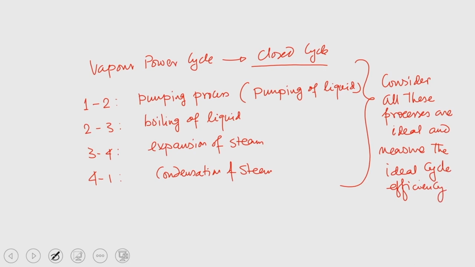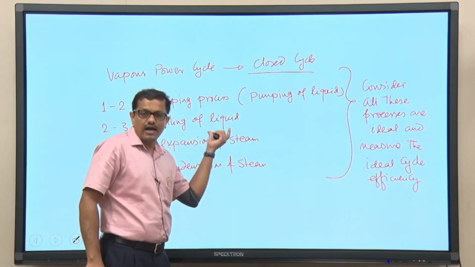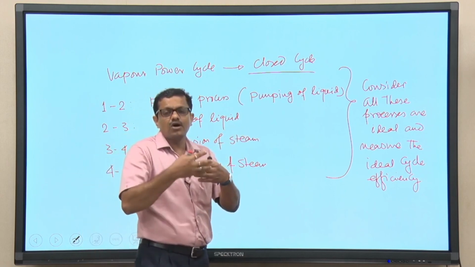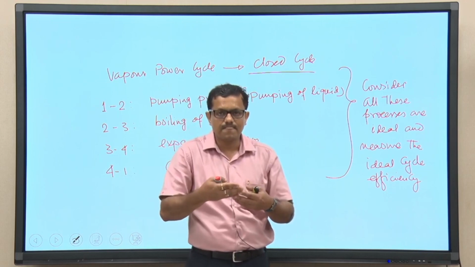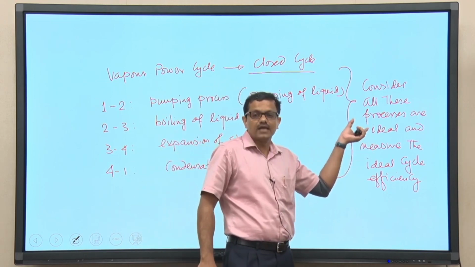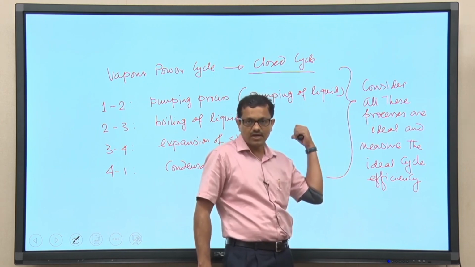Again, I am telling you these are the mechanical names: considering all these processes are ideal and measuring the performance of the individual processes, we calculate the performance of the cycle which is constituted by all these processes. Okay.